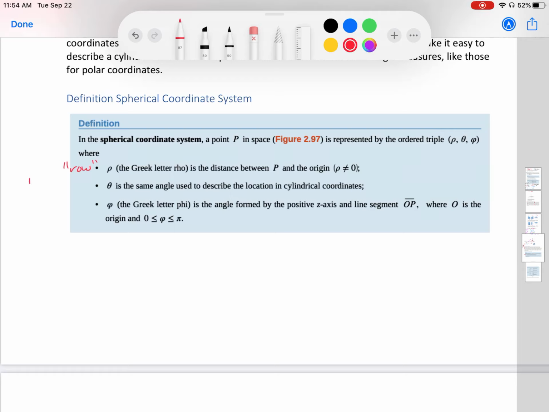Next we have that Greek letter theta, and that is the angle used to describe the location in cylindrical coordinates. And lastly, we have the Greek letter phi. So on the side I'm writing how it's pronounced: rho, theta, and last one phi. The Greek letter phi is the angle formed by the positive z-axis and the line segment OP, where O is the origin, and phi is between 0 and pi.